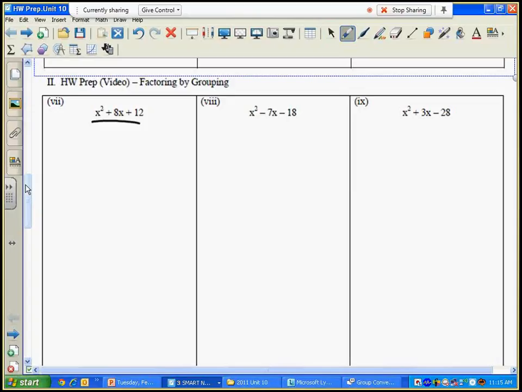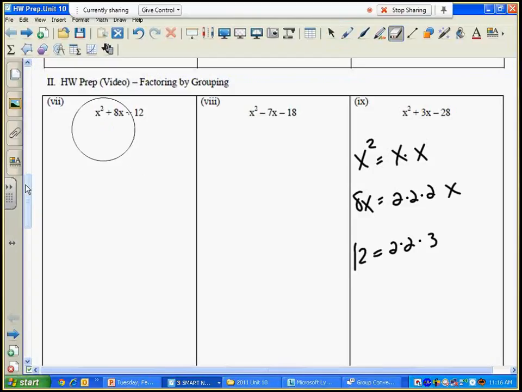Don't copy this down. Just think about it. If I have 8x, x squared, and 12, and I want to factor this by GCF, well, as we begin to do our factorizations here, you're going to see that these guys don't share anything other than 1. So there's nothing that we can factor out with the GCF. So that won't help us.